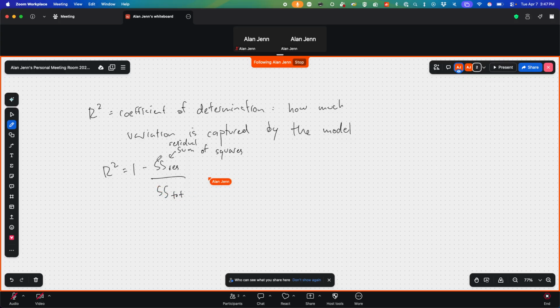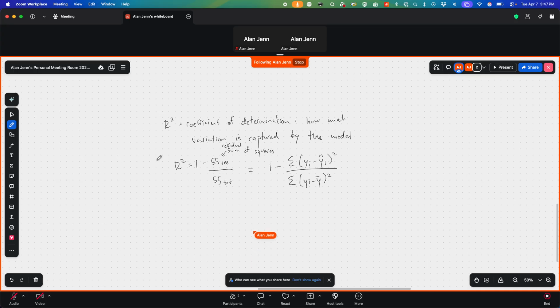So this is just equal to, I'll write out more formally, the sum of (yi minus yi hat) squared, divided by the sum of (yi minus y bar) squared. Okay, so that's the math.